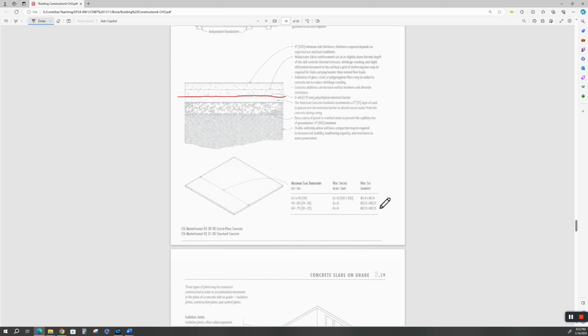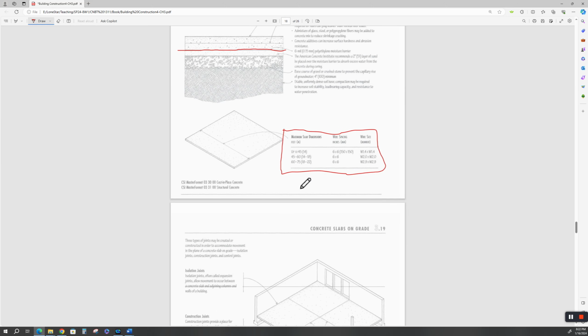Again, do not rely on this chart. It could get you in trouble. It might work for you. It may not. Anyway, use your structural engineer.